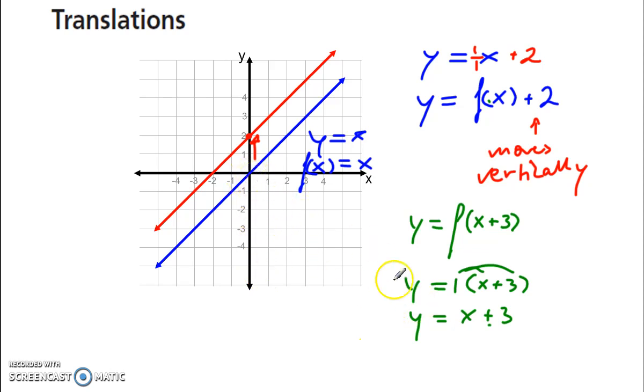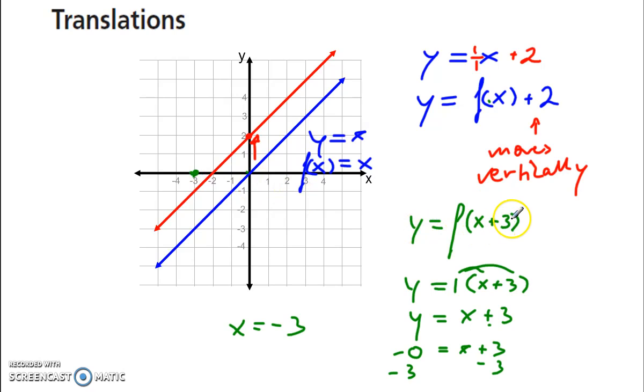So I could find the y-intercept, or I could figure out what the x-intercept is. Make this 0: 0 equals x plus 3, and then subtract 3 from each side. The x-intercept is negative 3. Previously the x-intercept was 0.